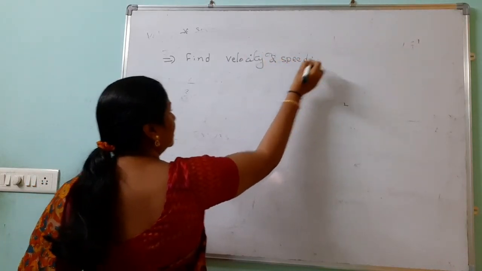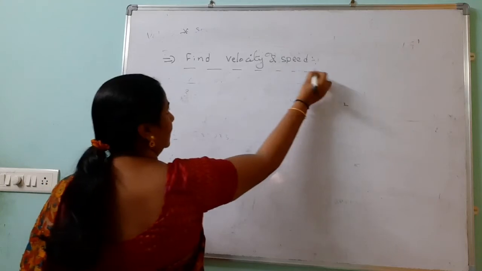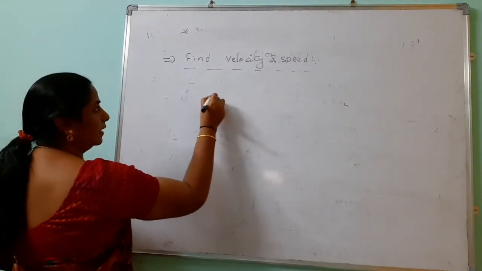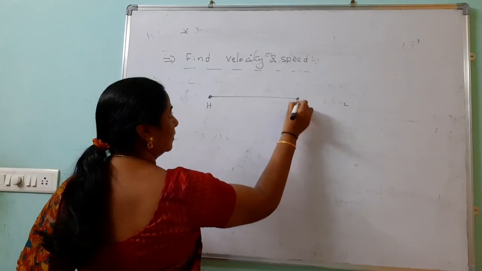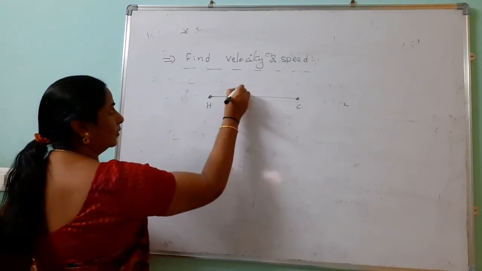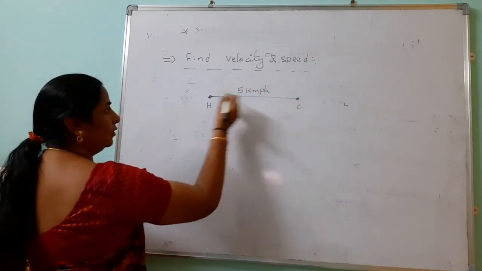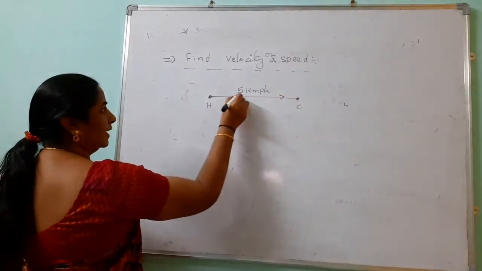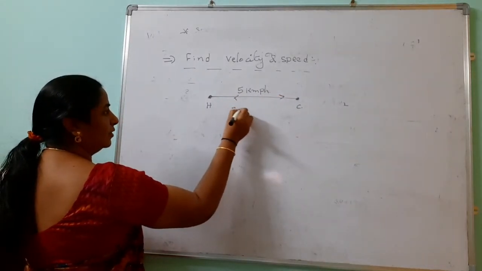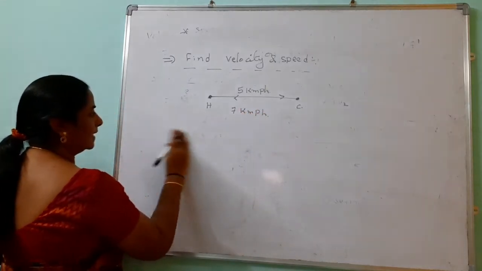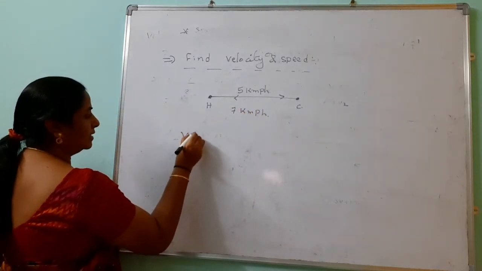You start at home and reach the college. While going, you travel at 5 km/h. Then you come back. While coming back, your speed is 7 km/h. In this case, what is the velocity?